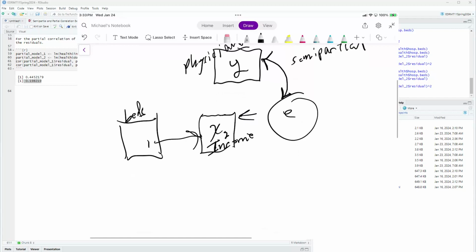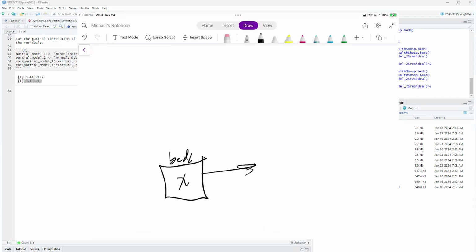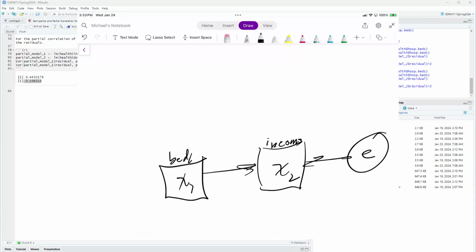So what we're going to do now is the same thing in which we predict income from beds. Of course, there's a whole bunch of stuff we're not predicting with this, and we'll call that residual 2. Why 2?